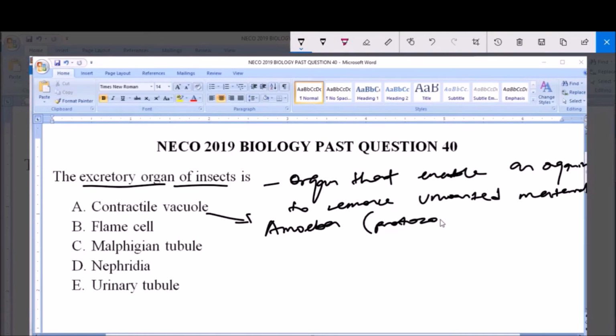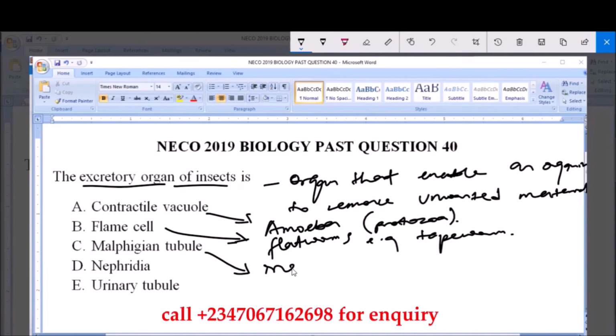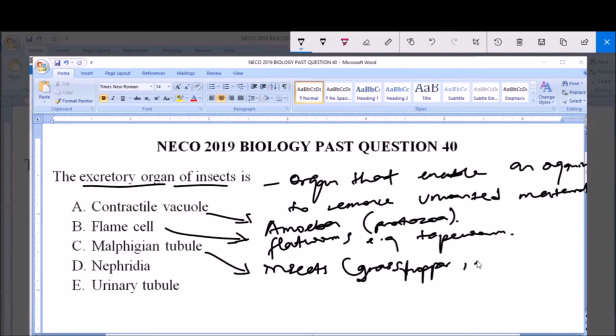Then B says flame cell. Now, flame cell is the excretory organ for flatworms, like the tapeworm. Then C says Malpighian tubule. Now, Malpighian tubule is the excretory organ of insects. Insects like the grasshopper, the cockroach, and so on.